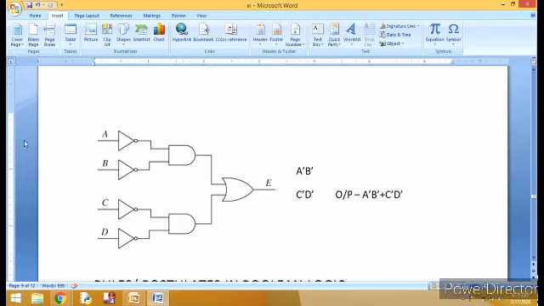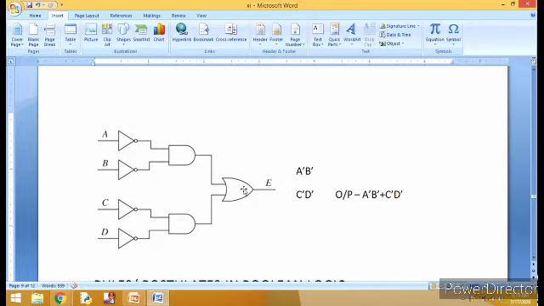As you see over here, we have two NOT operators where the signals A and B are passed. When this signal is passed to this AND operator, the output after this AND is A dash B dash. Similarly, if C and D are passed through the two NOT operators, the output after this AND is C dash D dash.